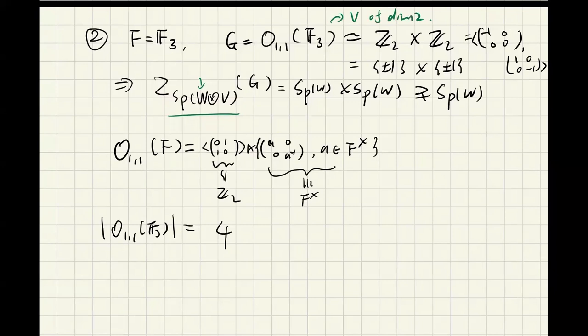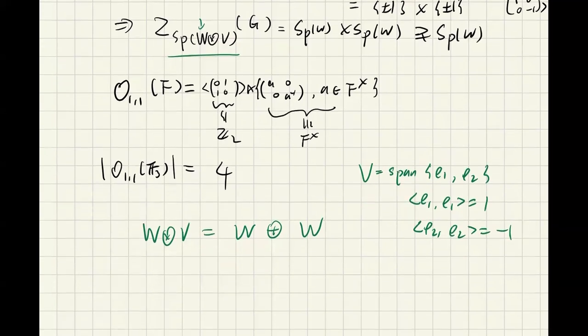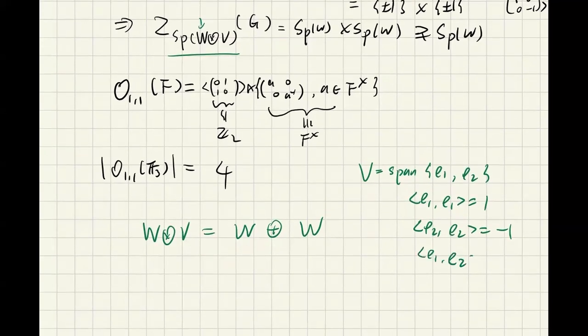So W tensor V is basically W plus W. You can think V has two bases, E1 and E2, so V is a span of E1, E2, such that E1 is 1, E2 is -1, and E1, E2 is 0.